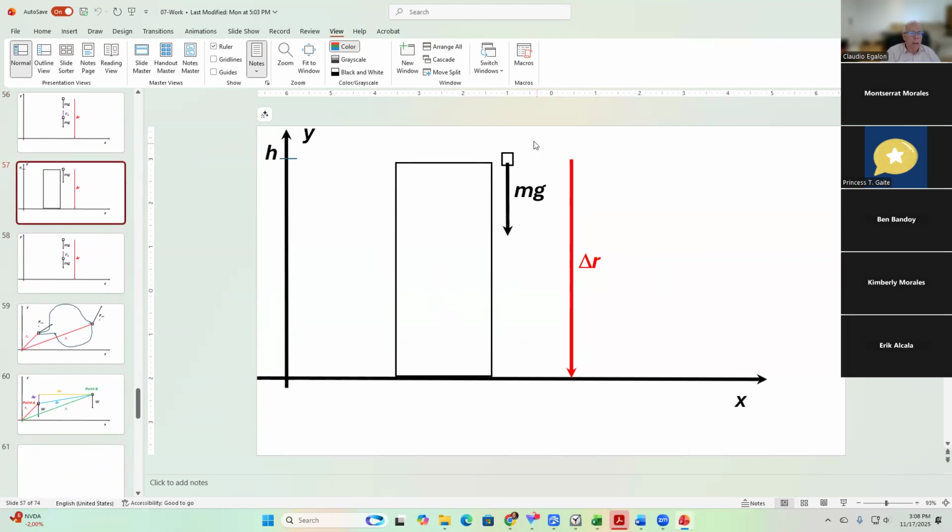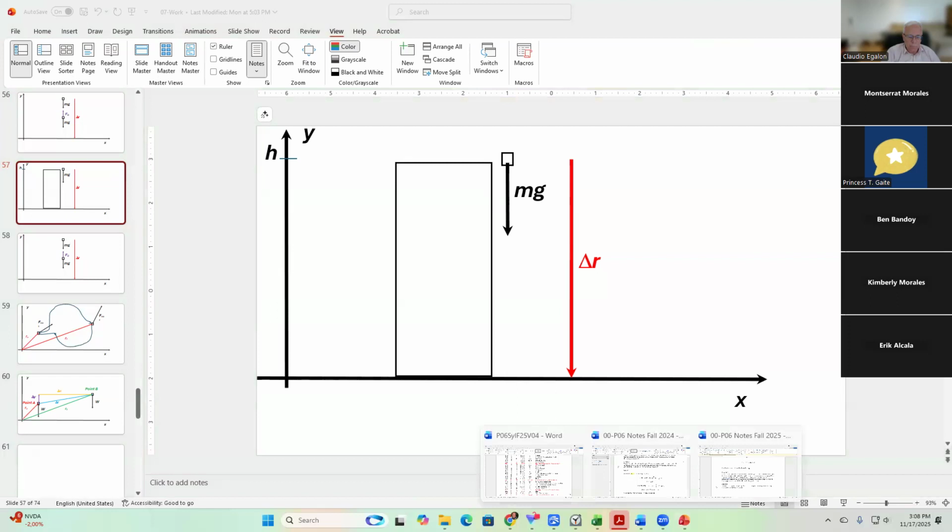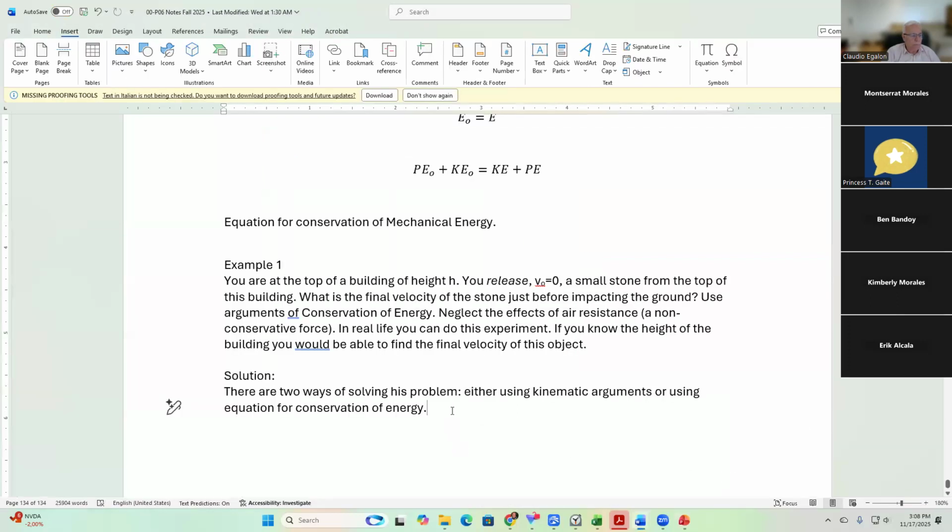The initial mechanical energy here at the top, which is potential energy plus kinetic energy, must be equal to the final mechanical energy at the bottom of the building, using the equation for conservation of energy.